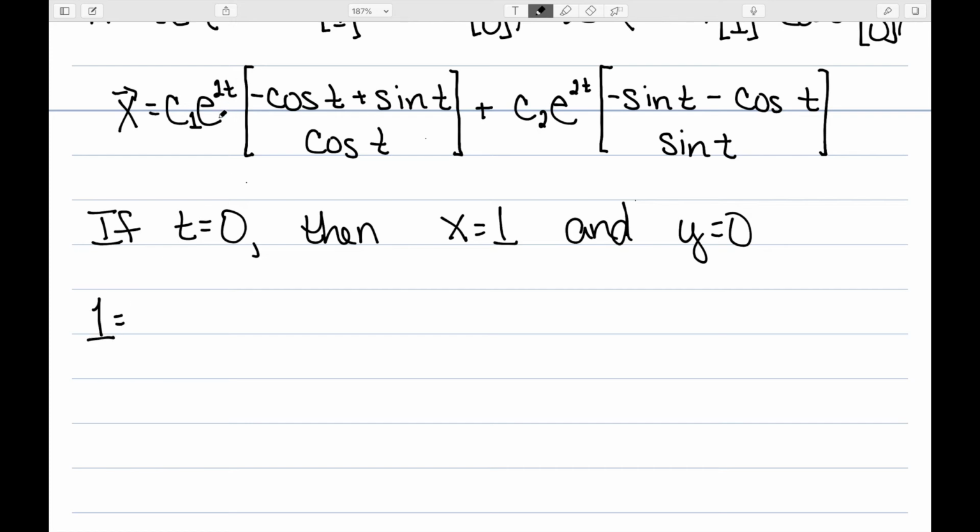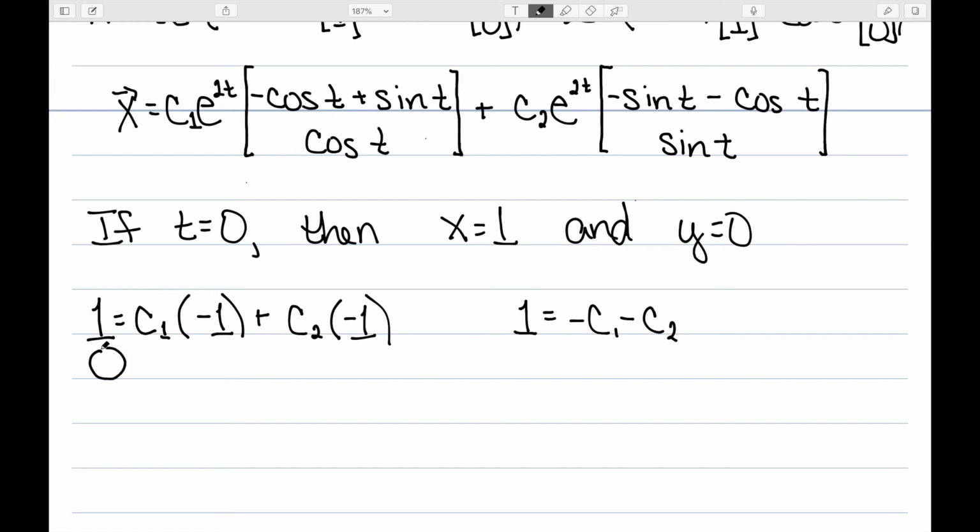If t is 0, e to the 0 is 1, so this becomes c1 times cosine of 0 is 1, so this is negative 1. And then sine of 0 is 0, plus c2 times 1. Negative sine of 0 is 0, negative cosine of 0 is negative 1. So in other words, 1 is equal to minus c1 minus c2.